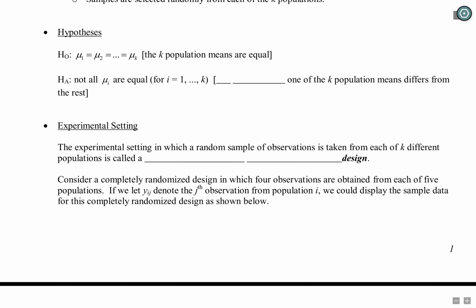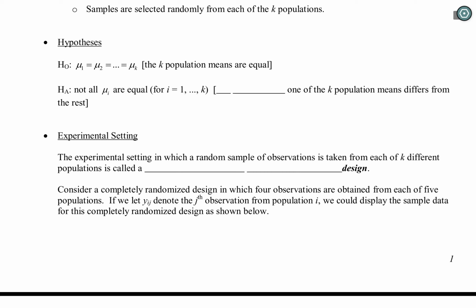The null hypothesis we could test is: does mu1 equal mu2 equal mu3, all the way up to mu k? Are all the population means equal? The alternative is the complement: not all the population means are equal, or you could say that at least one of the K population means differs from the others.